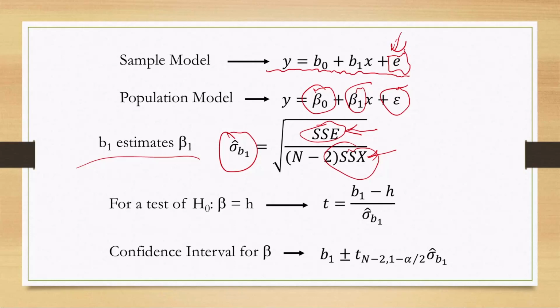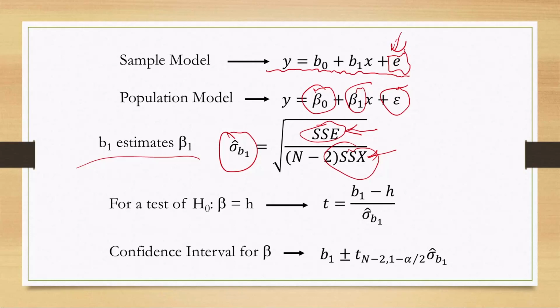That should make some intuitive sense: we're looking to see if the explanatory variable is in fact predicting the response, and the more variation we have in that explanatory variable, the easier it's going to be to detect if it does in fact relate to the response variable.